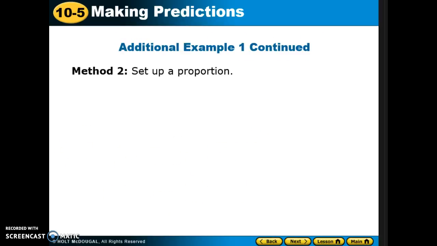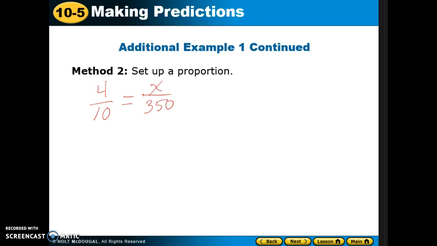Alright? So there's another way, of course, because it's mathematics and there's always more than one way to do something, to solve this situation. We can use proportions, just like we did when we did percentages last unit. Using proportion is very useful. So I'm going to start with my percentage. My probability is 4 out of 10. 40% of the time he gets to first base. We want to know how many times out of 350, that's the total, is he going to get to first base.